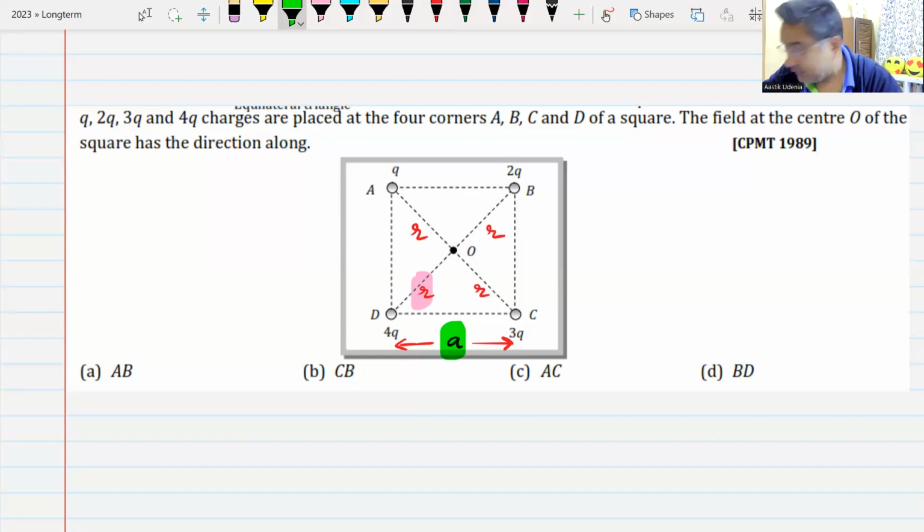Okay, now all the distances are same, and I think you can calculate the relation between r and a.